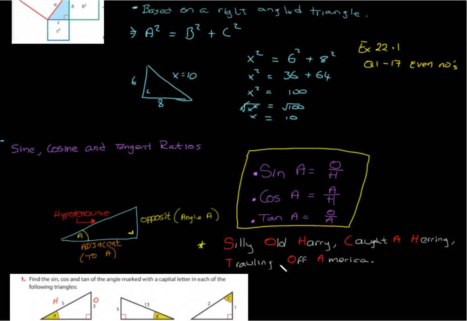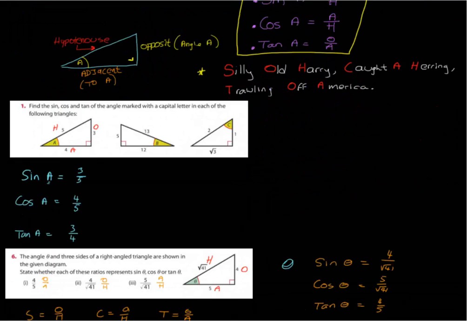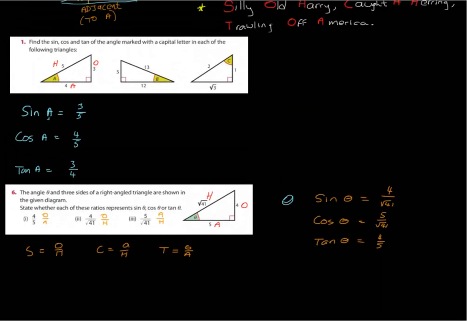You'll be bored to death hearing me say that, but I want you to be saying that in your head the whole time, and to recognize that the rhyme represents the trig ratios that we have to work with. As we go forward, we'll be getting into a little bit more complicated workings with these, but for now, we're just filling in the blanks into each of the various ratios.